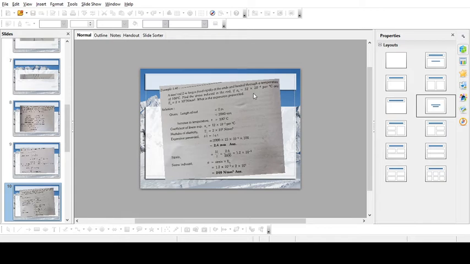So delta L1 is simply L alpha 1 T. Substituting this value instead of delta L1, L alpha 1 T plus x1, which is simply sigma 1 by E1 into L, should be equal to L alpha 2 T minus sigma 2 by E2 into L.